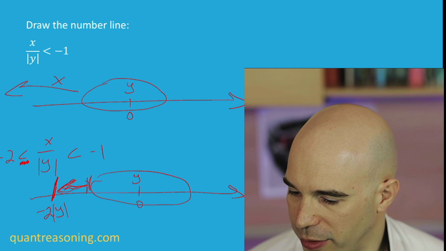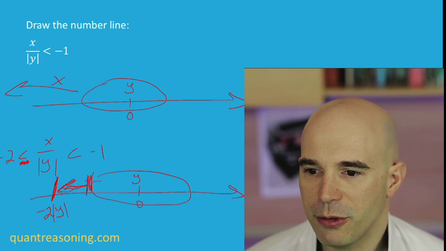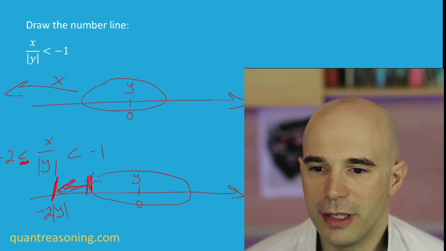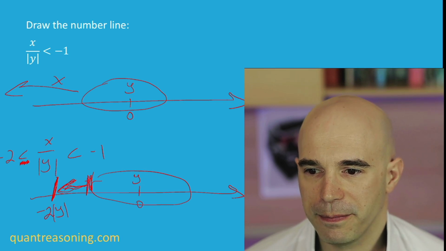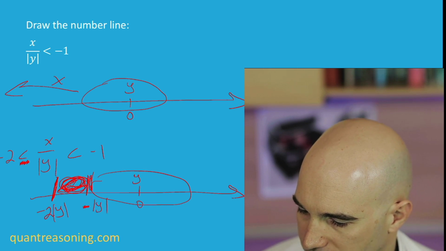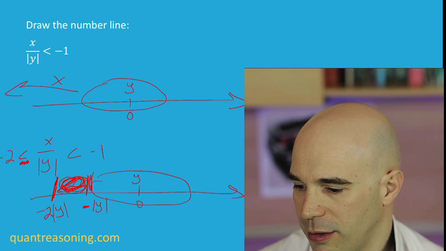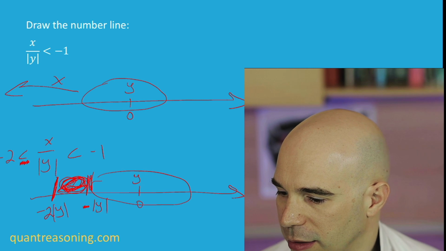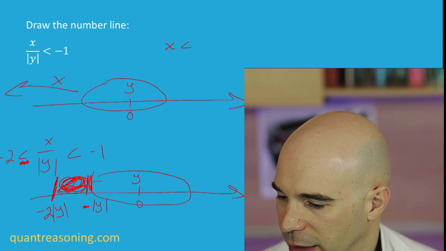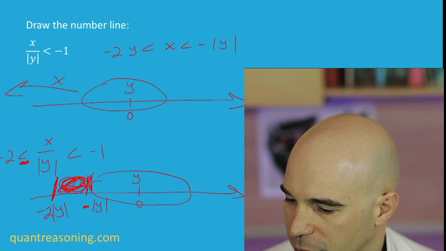It's going to be somewhere in this range: to the left of negative absolute value of y, but to the right of negative 2 times absolute value of y. So this is negative absolute value of y, and there it's negative 2 times absolute value of y, and x is somewhere in between. We could write it out algebraically. We'd say x is to the left of negative absolute value of y, and to the right of negative 2 times absolute value of y.